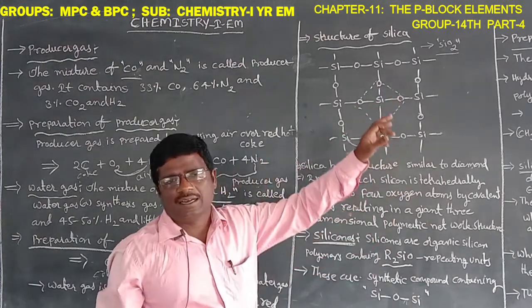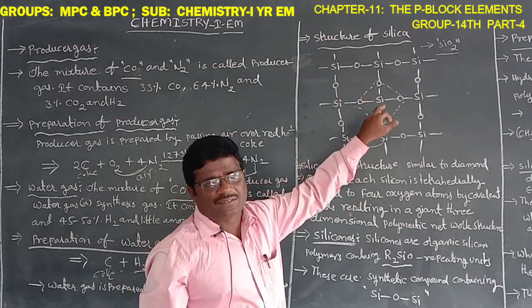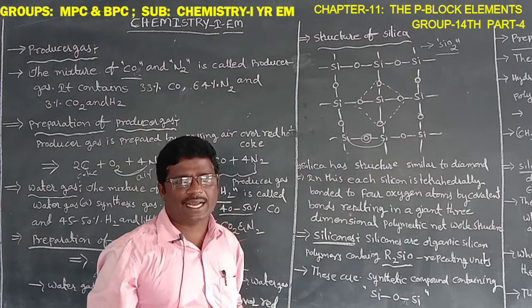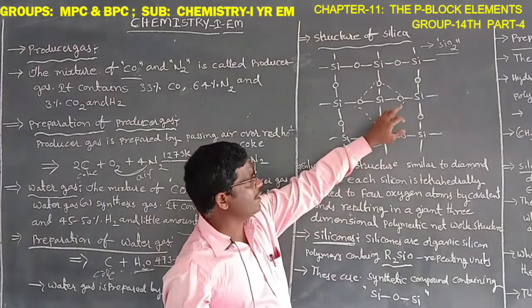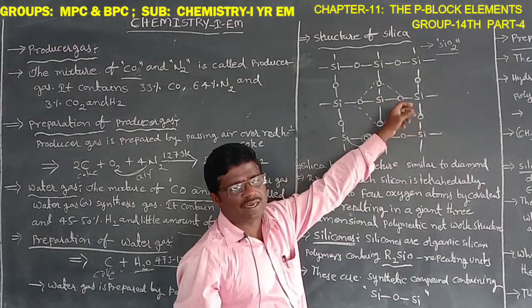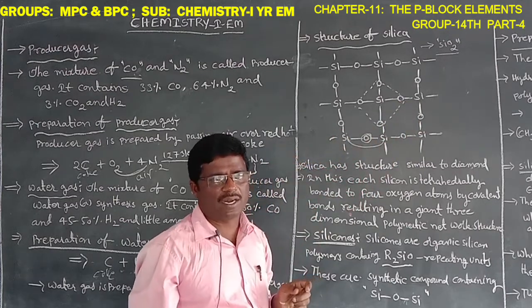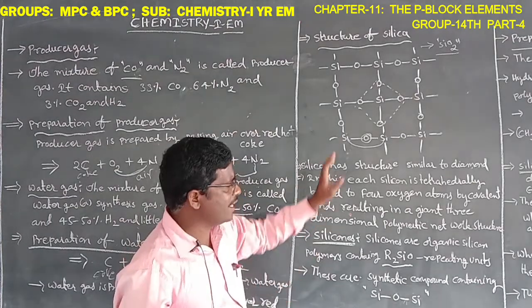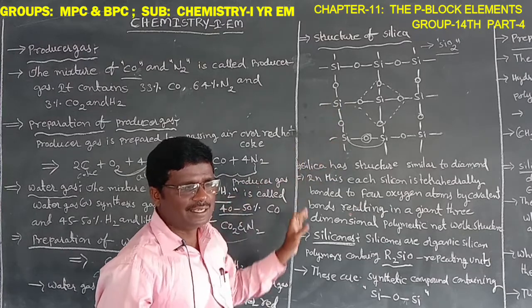Each oxygen atom bonds with 2 silicon atoms, and the strong covalent bonds give a 3-dimensional polymeric structure. That is the structure of silica or sand.